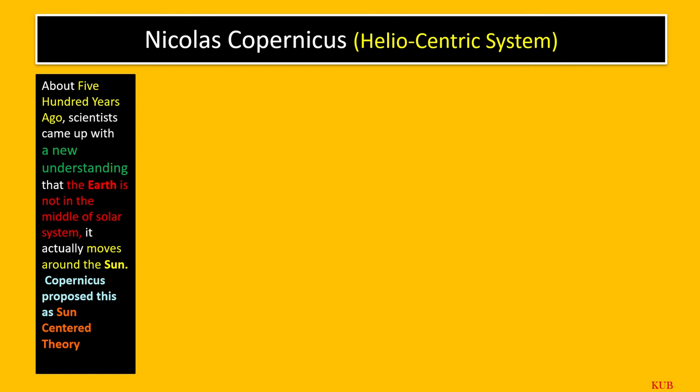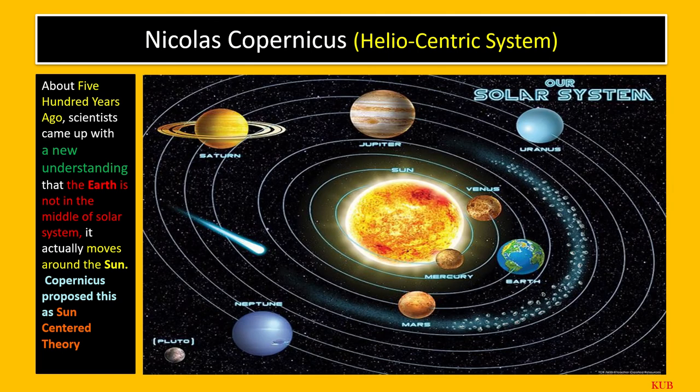But only about 500 years ago, scientists like Nicolas Copernicus came up with a new understanding that Earth is not in the middle of the solar system, it actually moves around the sun. Copernicus proposed this as the sun-centered theory, the Heliocentric system, where the sun is in the center and all other planets revolve around it.